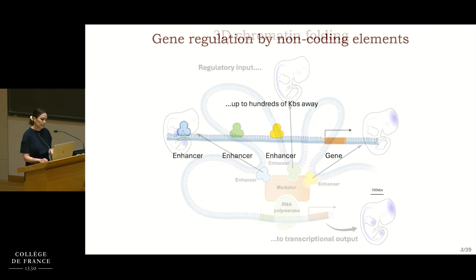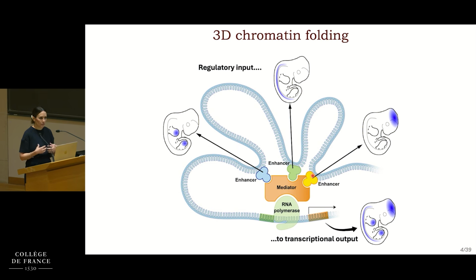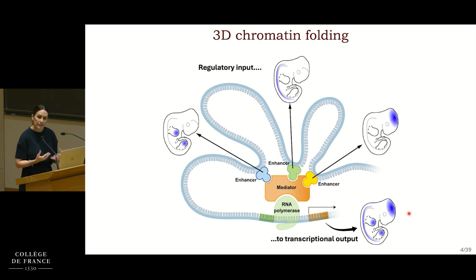This is achieved thanks to the 3D chromatin folding of the genome, in a way that the enhancers, which have tissue-specific activity, come into close proximity to the promoter of the target gene and give rise to the complex pattern of expression that we usually see in developmental genes.